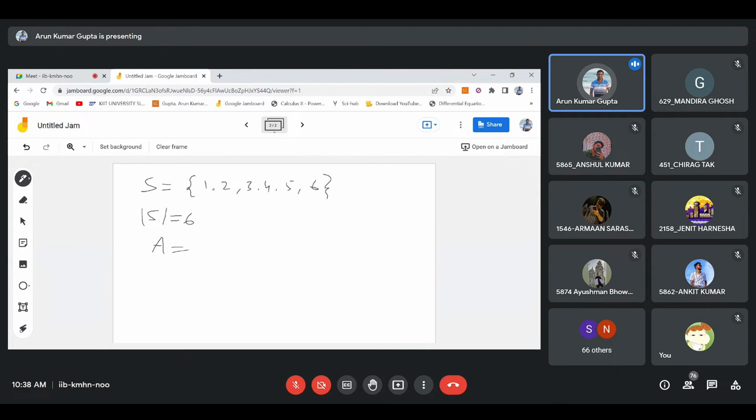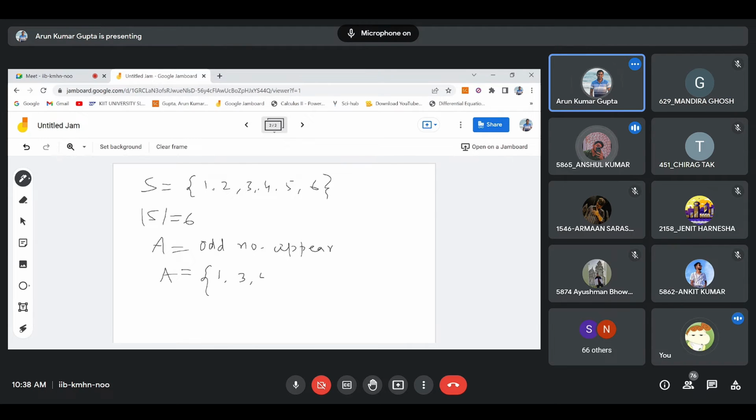So the thing is that one die is rolled. The possibilities are any of the faces 1, 2, 3, 4, 5, 6. So S mod is 6. You did this in childhood, right? And A, I am putting as odd number appears. So what are the numbers included in A?